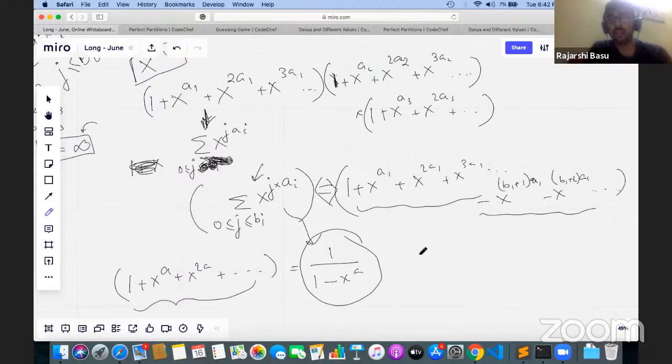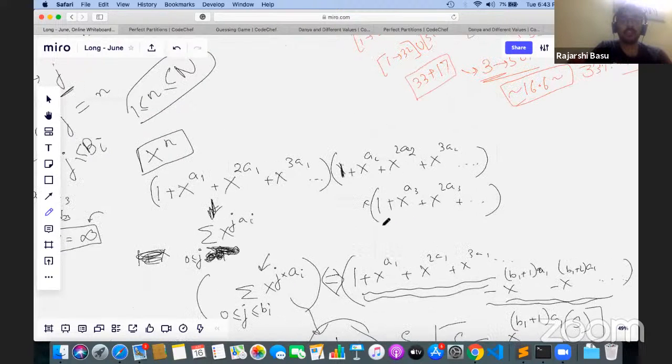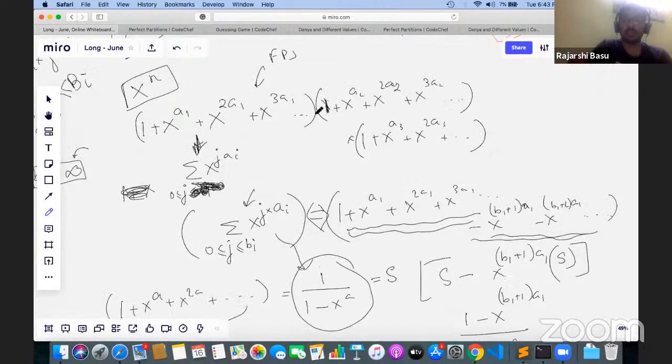Now we take x to the power (b1 plus 1) a1 common, and then this part essentially becomes equal to this part. So let me just denote it as s. So it becomes just s minus this, so this entire expression becomes (1 minus x to the power (b1 plus 1) a1) divided by (1 minus x to the power a1). So we can write this formal power series as this.